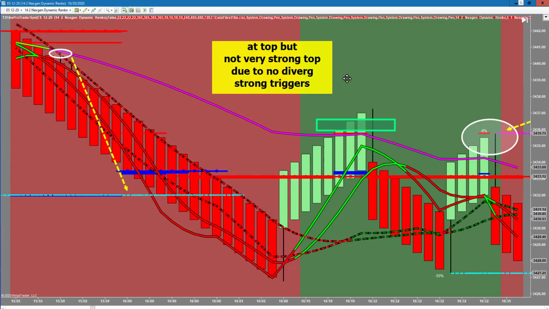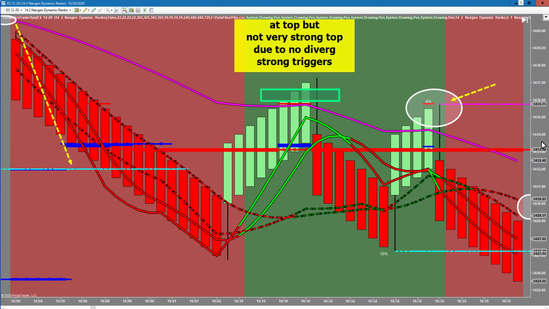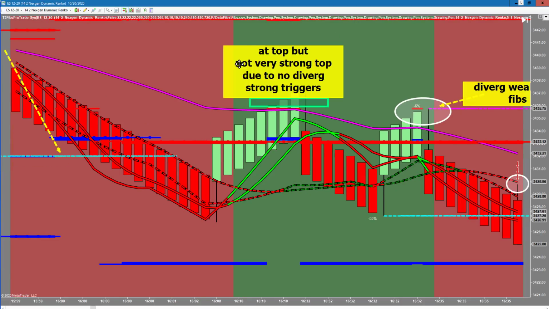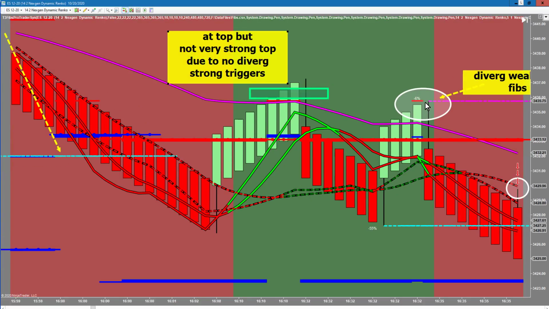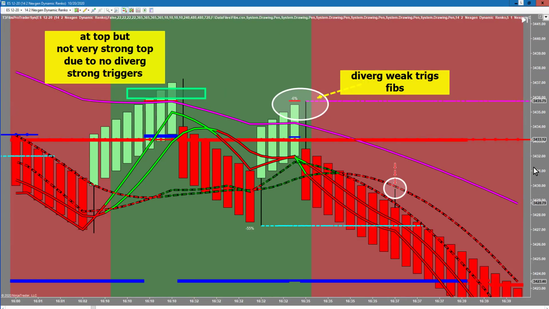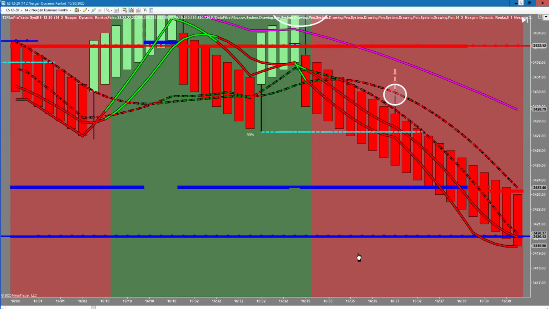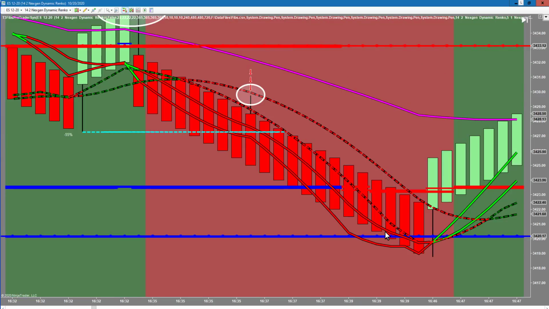And then you get the same thing again. You get a top, but it's not great. Divergence, pivot stop outs, weak triggers. There's a lot of things that help a top. And when it's divergence and weak, the subsequent trend trade is pretty darn good.